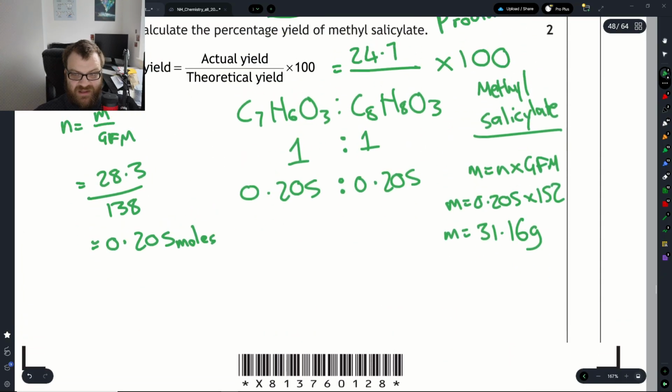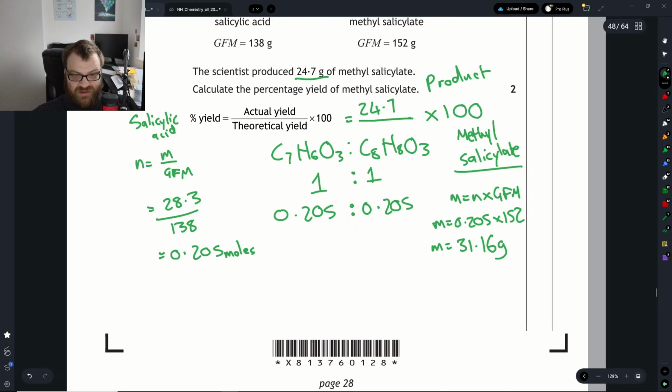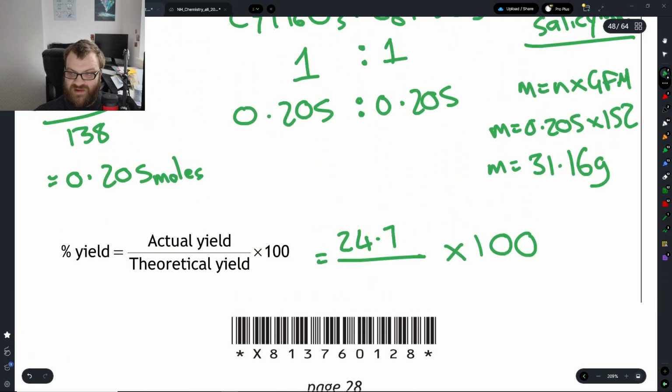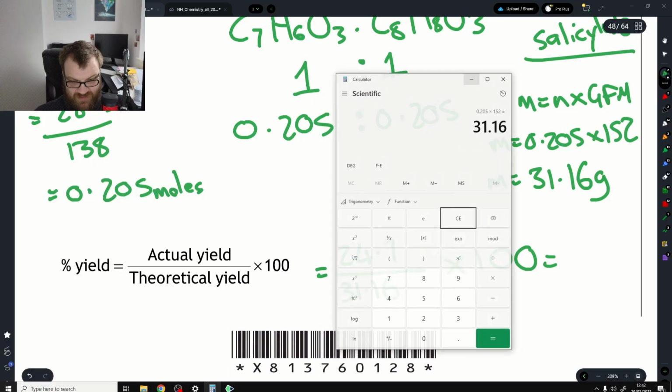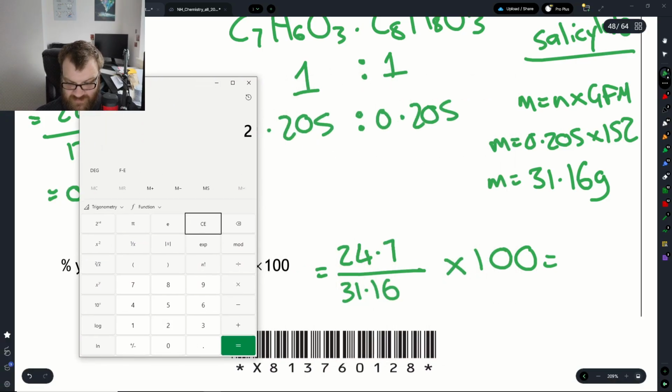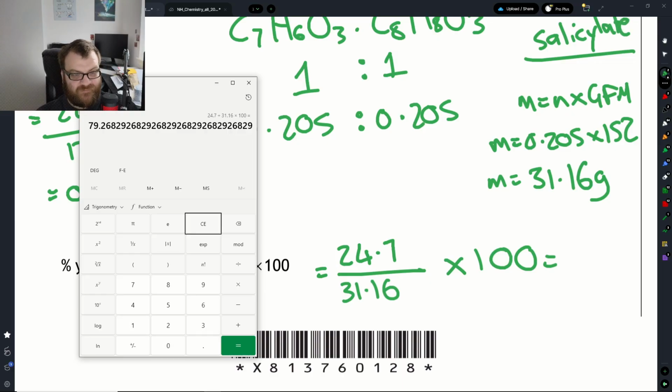Now we can just go back to our percentage yield part, stick in our 31.16, stick them all in the calculator. Gives you 79 point.